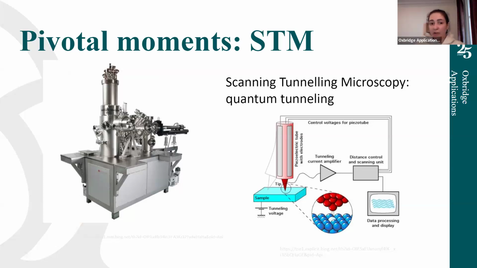It was a pretty revolutionary instrument and allowed scientists to visualize and manipulate individual atoms with extreme precision, and this was not seen before. So for the first time in history, scientists could peer into the atomic realm with this amazing clarity and unlock all these mysteries of the nano world. This essentially paved the way for many groundbreaking discoveries that came in the decades following.